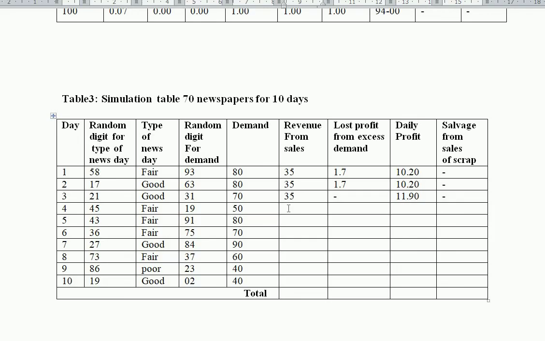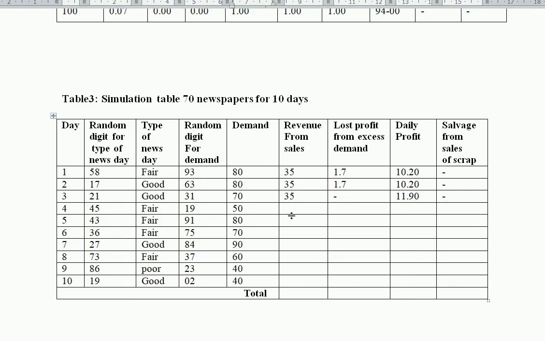Again, the revenue from sales for day 4. What is the revenue from sales for day 4? Here you can see that the newsstand purchased 70 newspapers, but there is a demand of 50. So there are 20 extra scrap papers left at the end of the day.